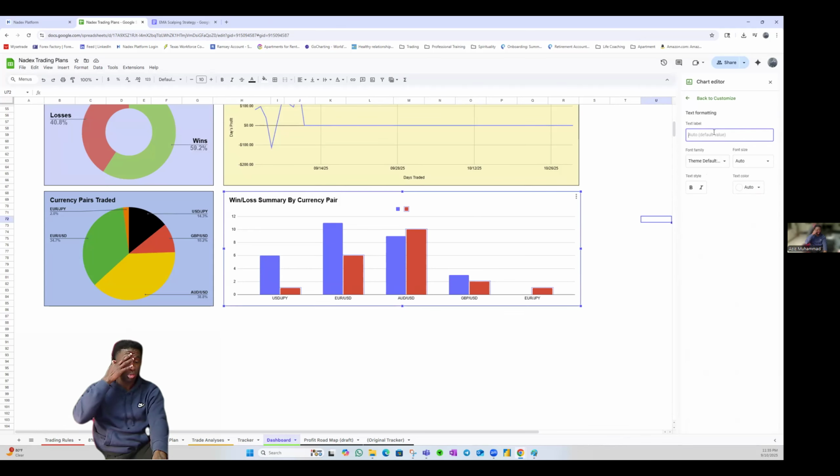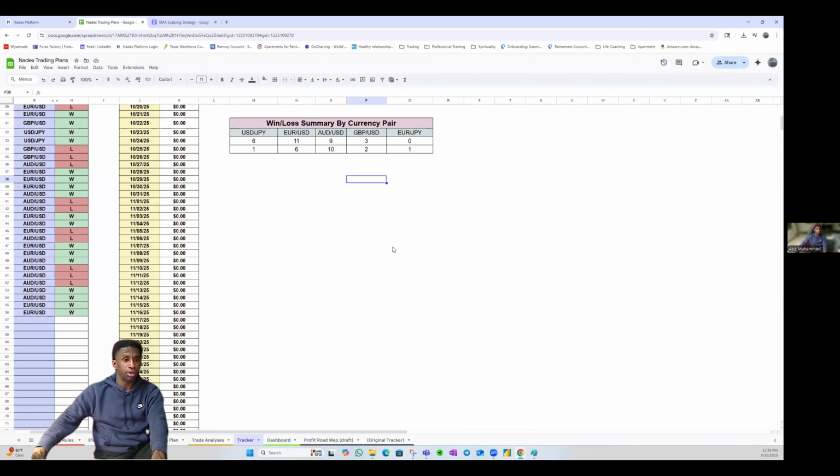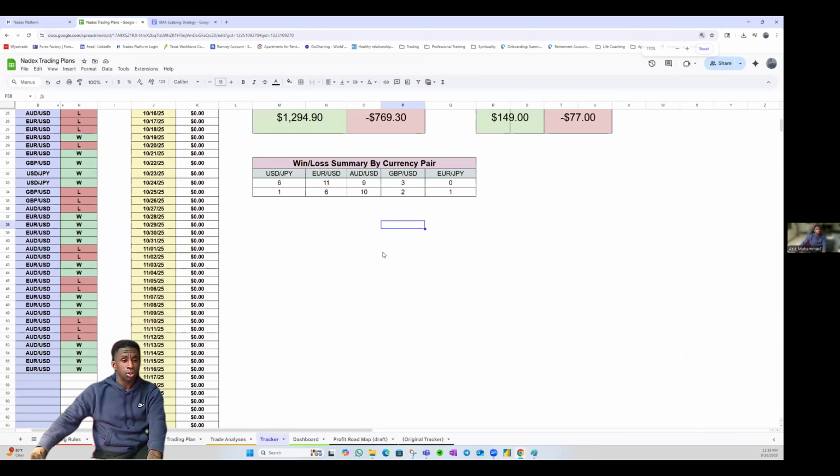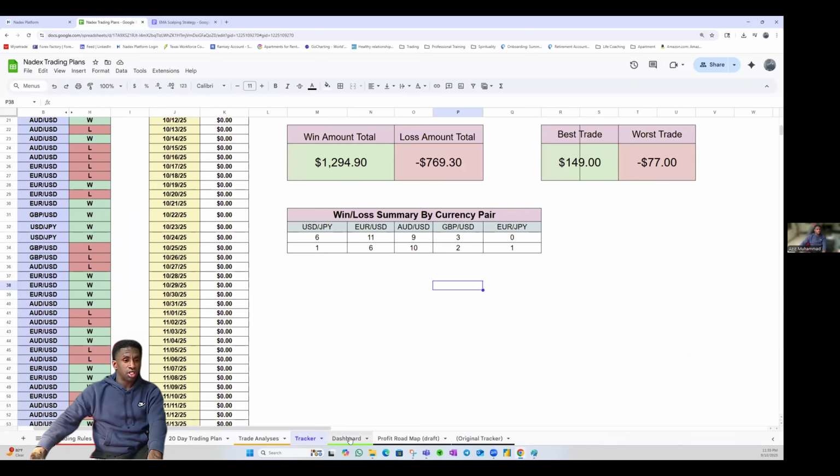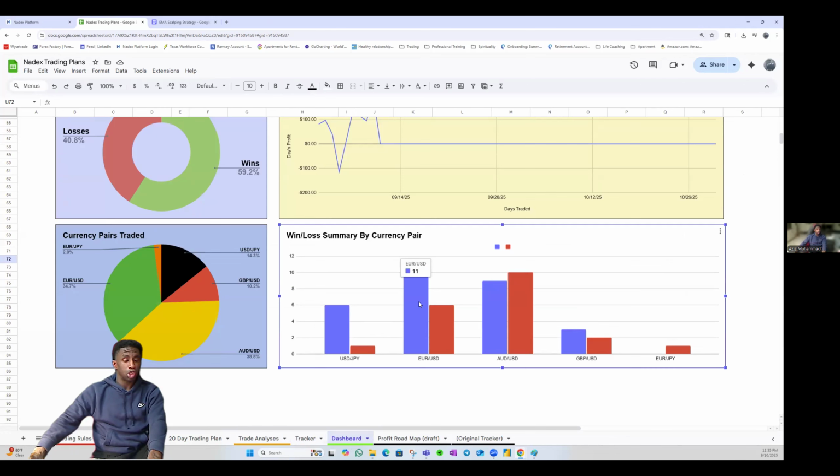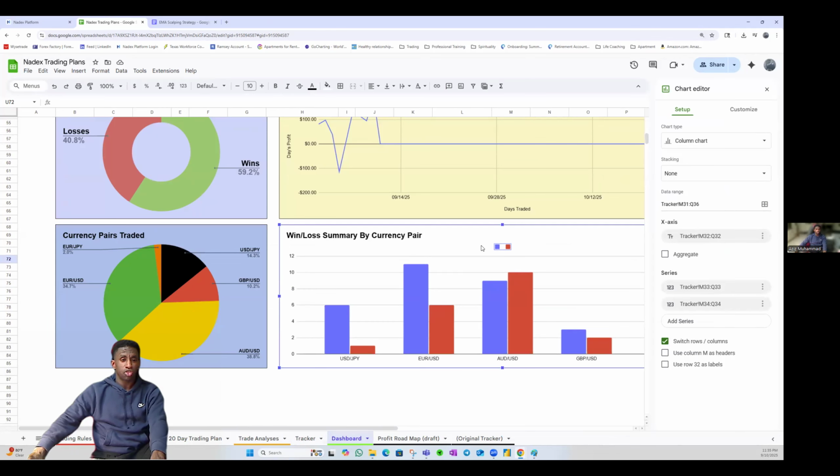We could say reds are for, let me look back at the table for Euro USD. So 6 to 11, so 1, 6 here. So blue is for wins.